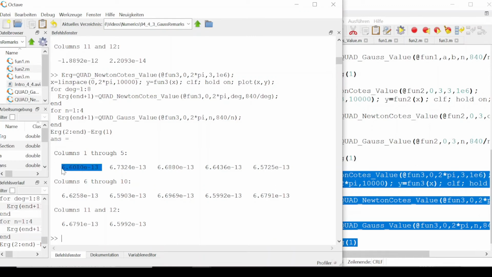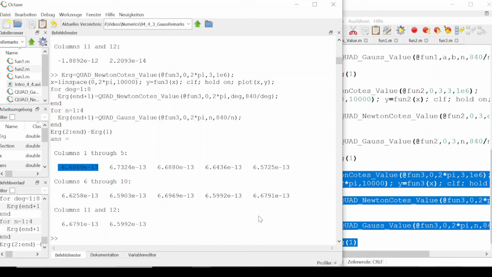The trapezoidal rule can compete with all the others in this very special situation. That's a theorem about the trapezoidal rule: for this kind of function, a periodic function that is infinitely often differentiable, where the integration interval is one period, the most simple method can easily compete. Okay, this was our competition, and I hope that gave you a feeling for the different approaches.